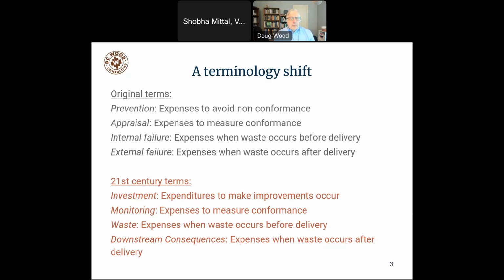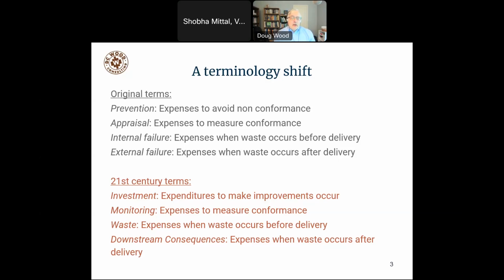Expenses to measure conformance. It tells you what's going on. Internal failure should properly be termed waste. That's what it is. Take the word failure out of there. It's just waste. This is expenses that occur before you deliver your product or service. And then external failure, I like the new word much better: downstream consequences.